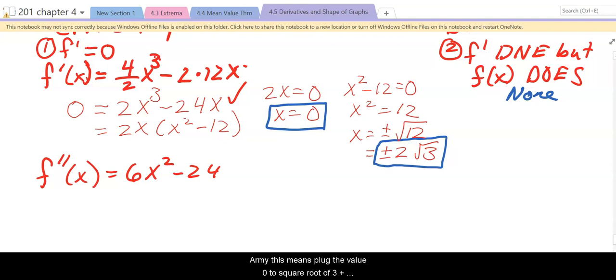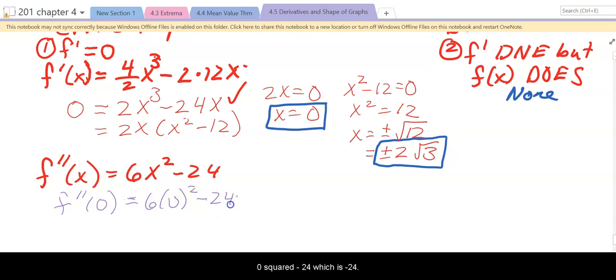For me, this means plug the values 0, 2 square root of 3, and negative 2 square root of 3 into the second derivative. If I take 0 and put it into the second derivative, I get 6 times 0 squared minus 24, which is negative 24.